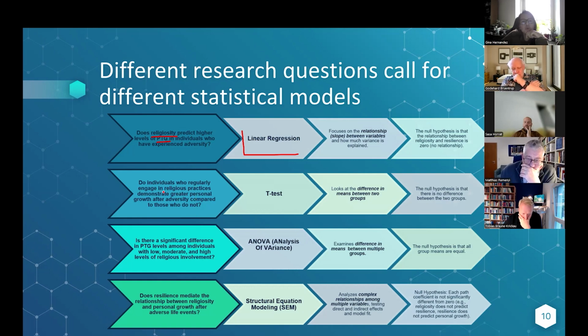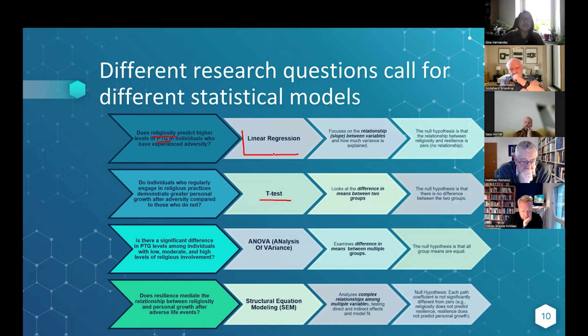What about your question being, do individuals who regularly engage in religious practices demonstrate greater personal growth after adversity than those who don't? So in this case, your sample will be different. You will have individuals who are non-religious and individuals that are religious. Because you have 2 groups, then you cannot use a linear regression. Then you have to use a t-test, okay?